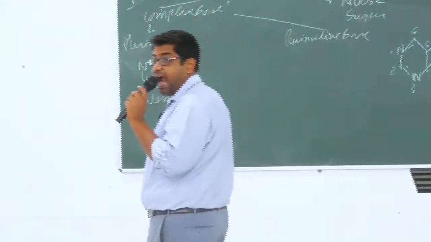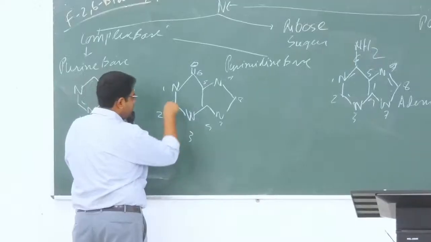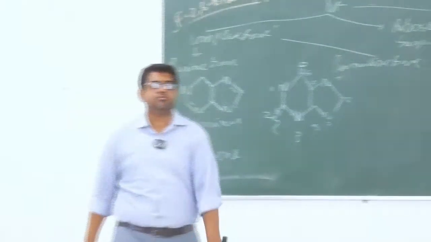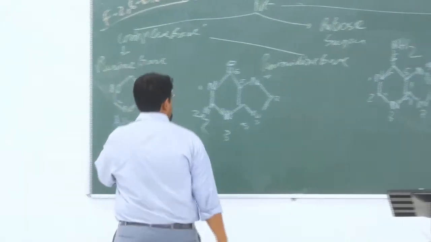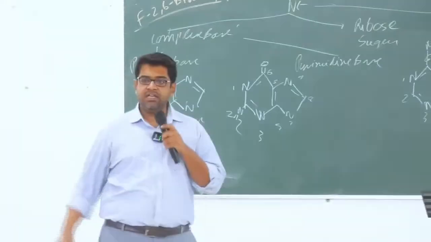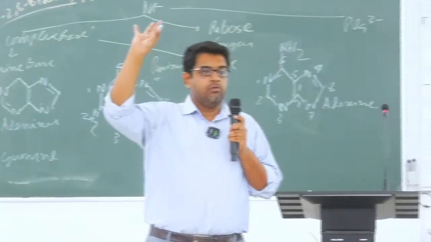Now you want to make an adenine out of it. So 2 amino 6 oxopurine is your guanine. And do put the double bond. Okay, done. Easy till now? Everybody drew?